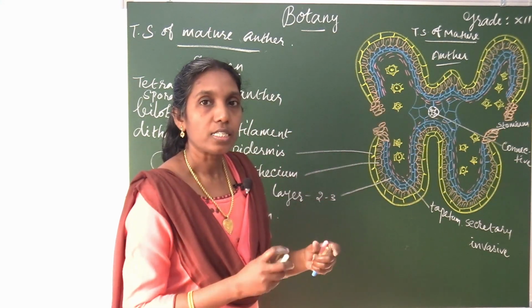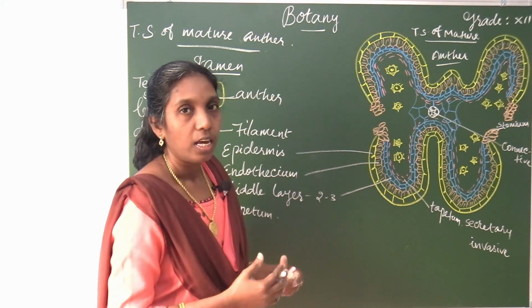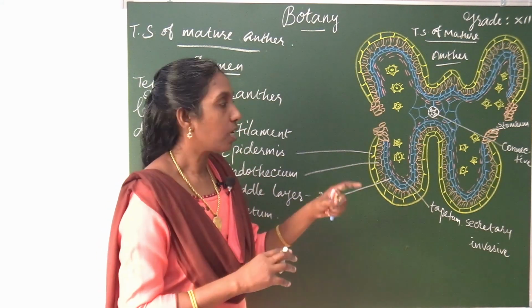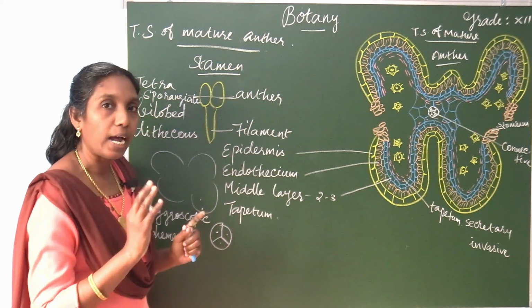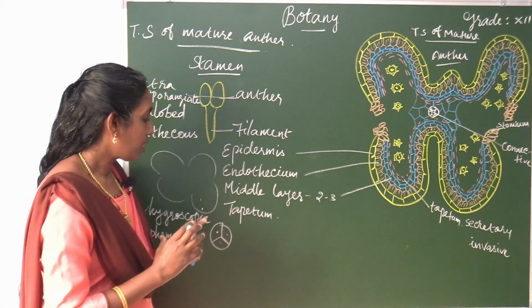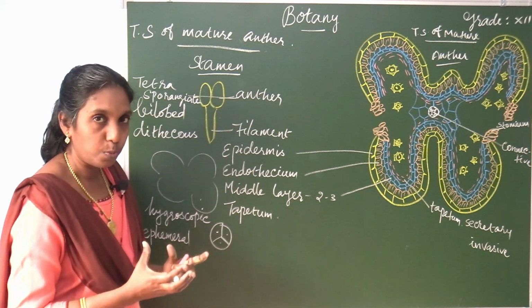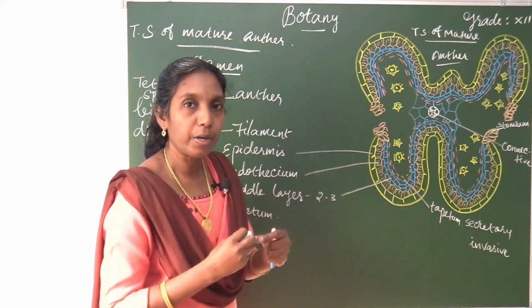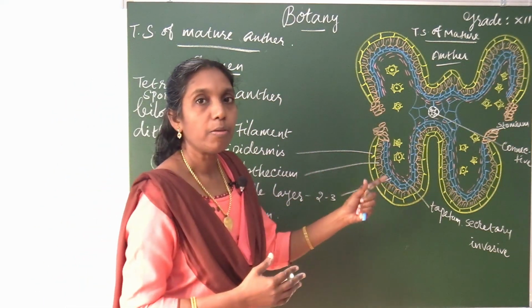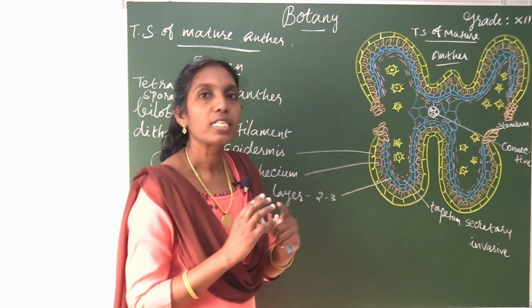The function is that it nourishes the developing microspores. After meiosis there are 4 haploid nuclei present, each one develops as a microspore. So this tapetum nourishes the developing microspores as well as the microspore mother cell.